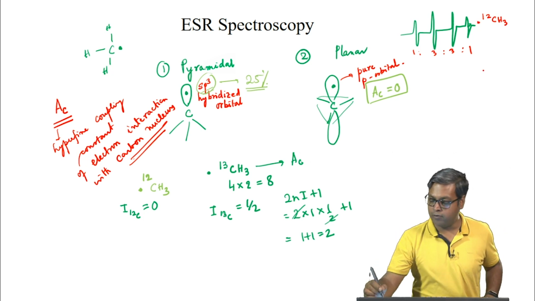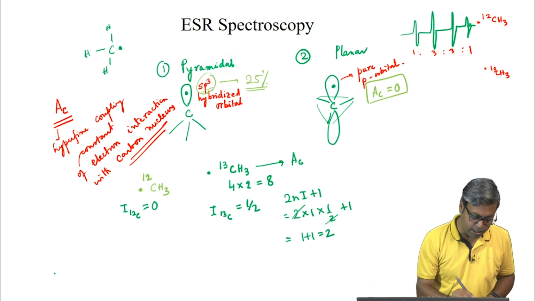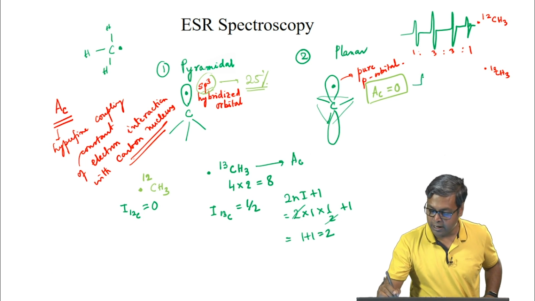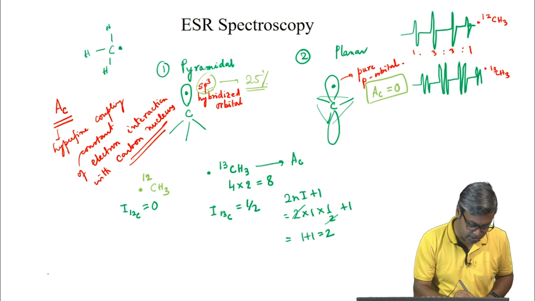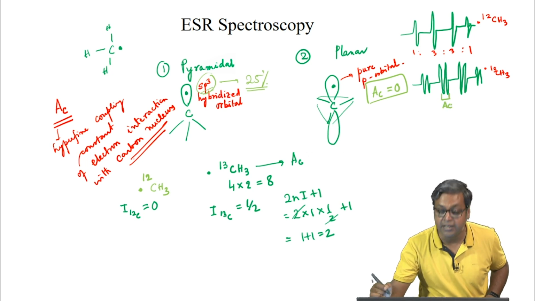Now, if we have a 13 carbon methyl radical, these peaks would split. So, ideally I should get something like this, and this splitting, this gap, will give us this A C.